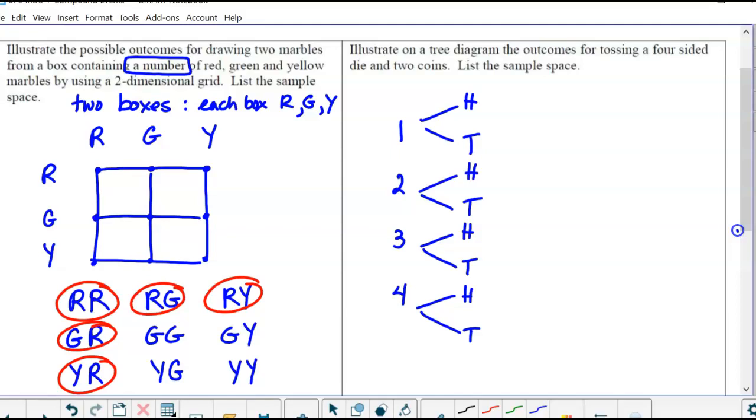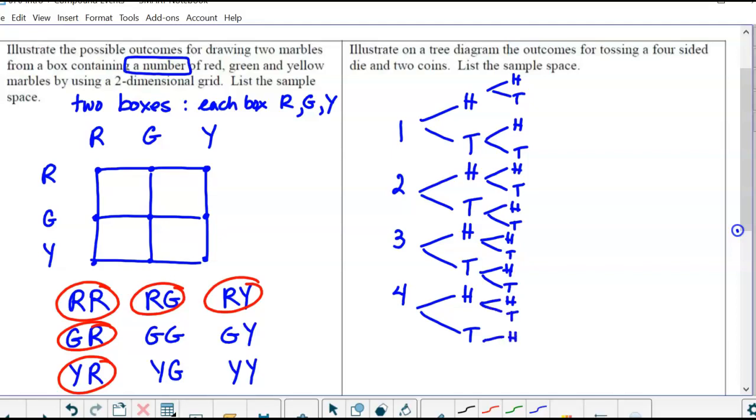And then from there, we toss another coin, just listing heads or tails for each possible one. And sometimes it gets a little bit squishy. But that is a tree diagram to illustrate the outcomes, the sample space.